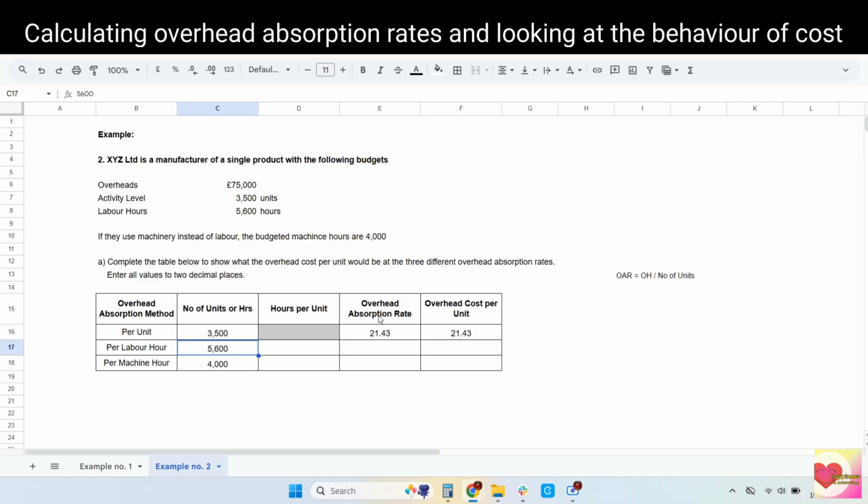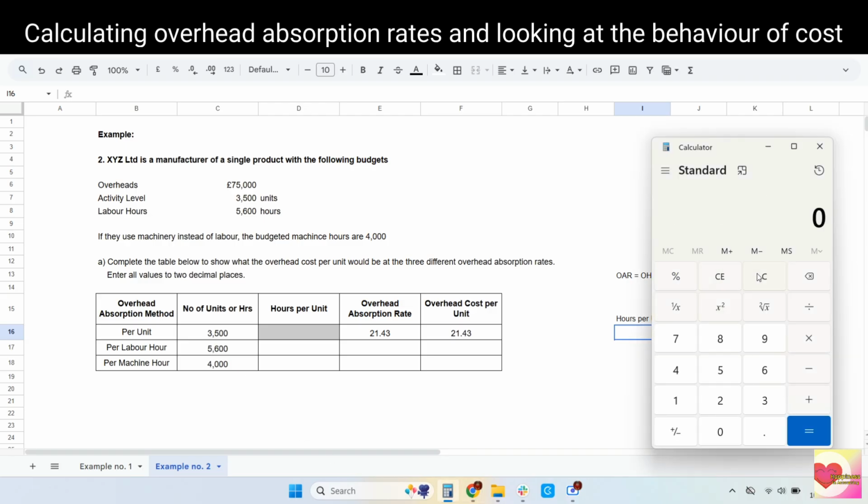Sometimes it could be confusing or hard to remember which one to divide or multiply. So to make it a little bit easier, the simplest hint that we could use is the heading. It says hours per unit, or hours slash unit, or hours divided by units.